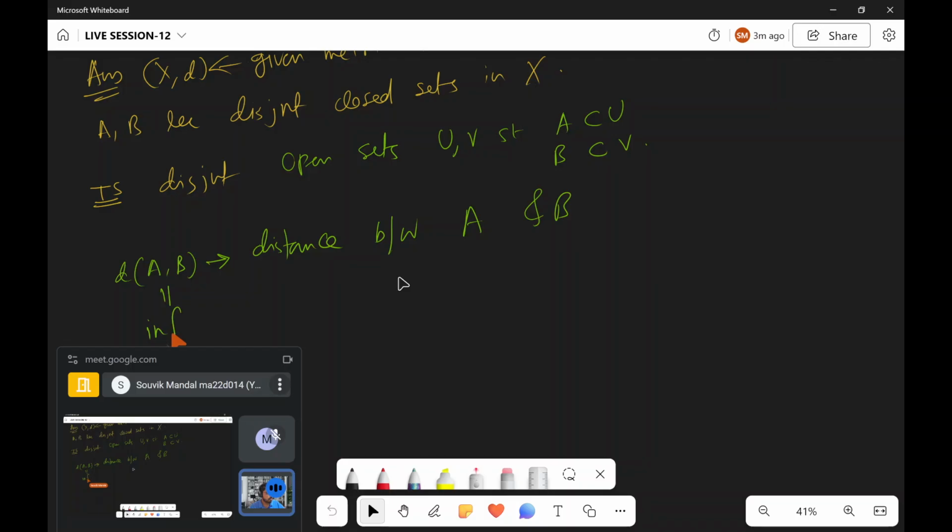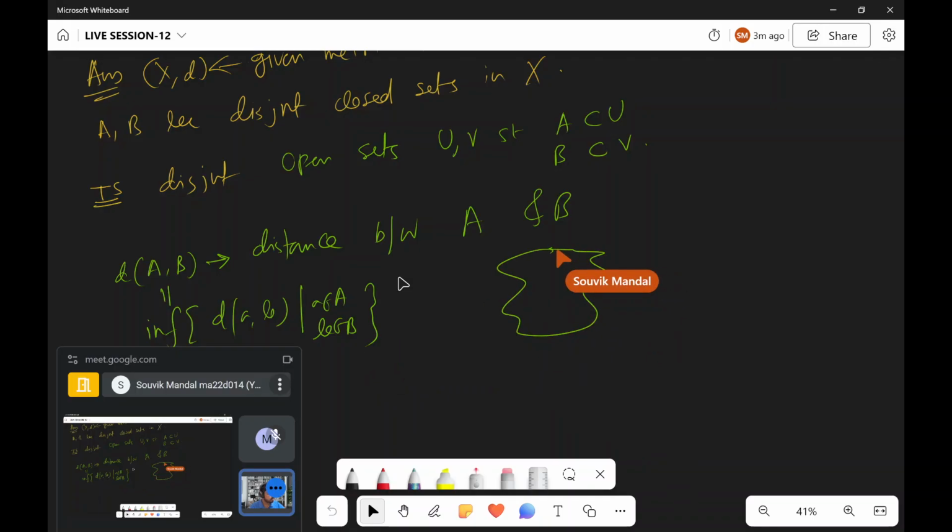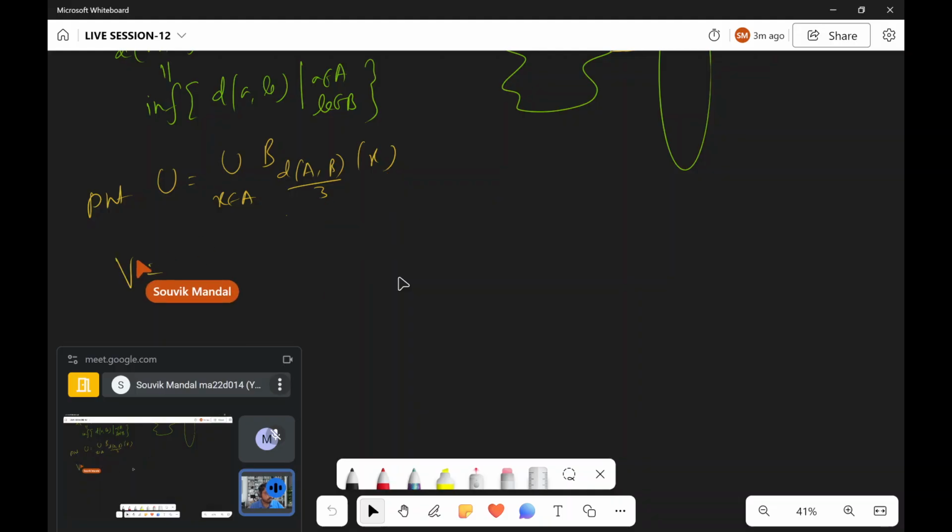The distance between A and B is the infimum of the distances between a pair of points from A and B. Now we put U to be the union over x in A of the open ball of radius d(A,B)/3 around x, and V to be the union over x in B of the open ball of radius d(A,B)/3 around x.